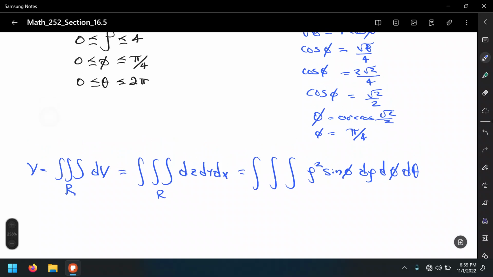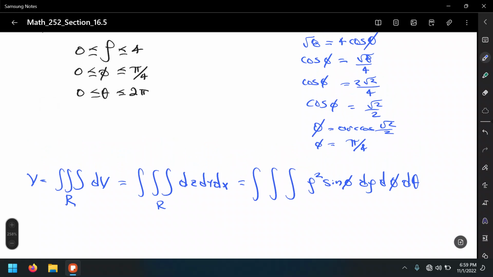So let's put the limits of integration that we had. Rho varies between 0 and 4. Phi varies between 0 and pi over 4. And theta varies between 0 and 2 pi. And that's the integral that will calculate the volume for us.